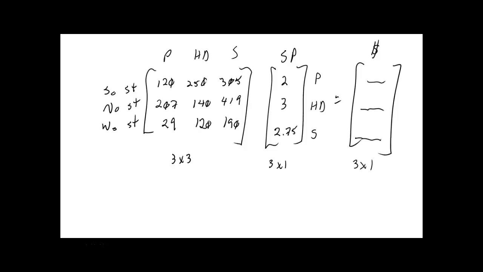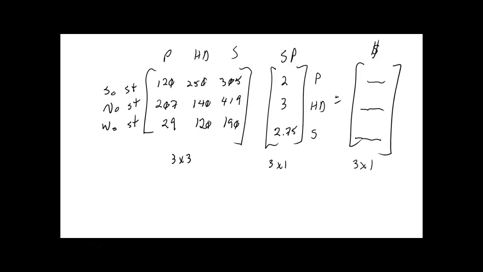Otherwise, you couldn't multiply them, could you? Could you multiply a 3 by 3 by a 1 by 3? No, it won't work. These two numbers have to be the same. And since they're the same, wipe them out, and guess what your resultant matrix is? A 3 by 1.